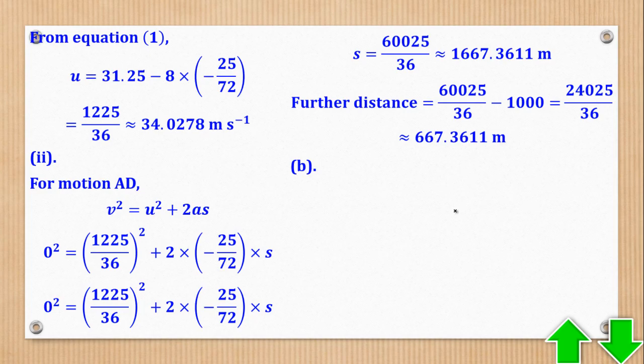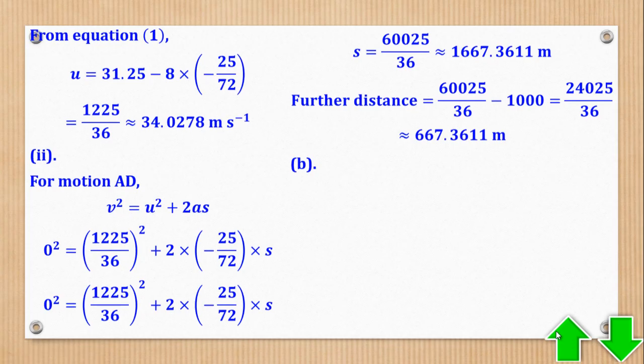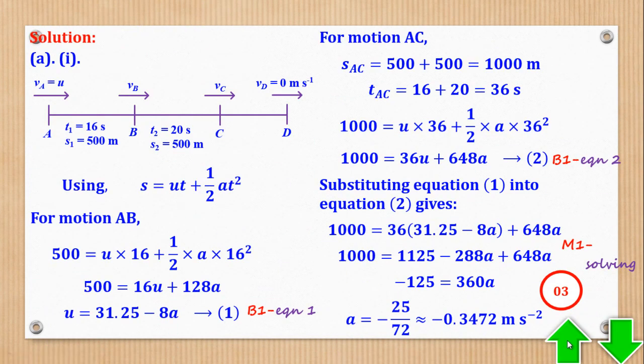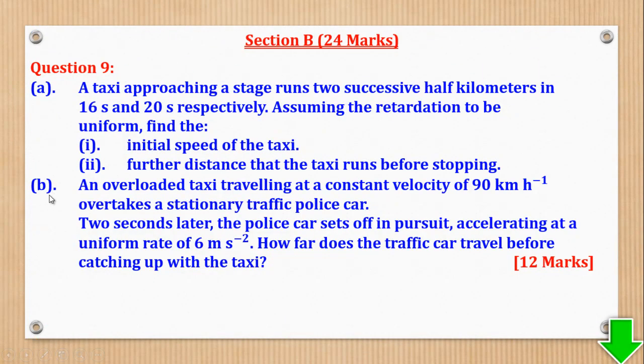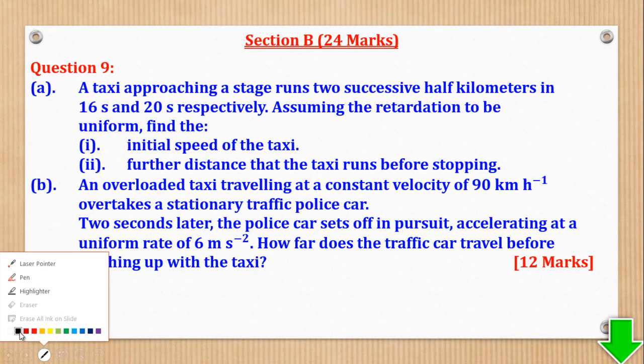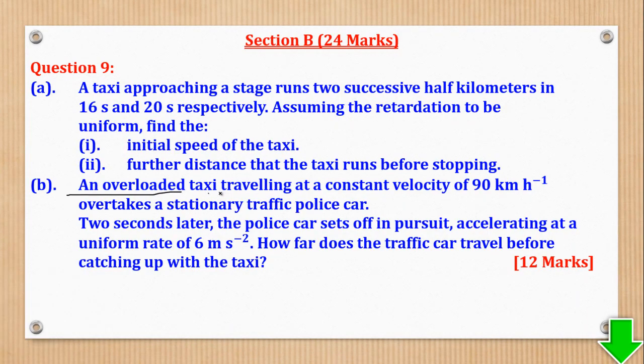That was part A. What about part B? Part B says an overloaded taxi traveling at a constant velocity, know that word, constant velocity, of 90 kilometers per hour overtakes a stationary traffic police car. 2 seconds later, the police car sets off in pursuit, accelerating at a uniform rate of 6 meters per second squared.